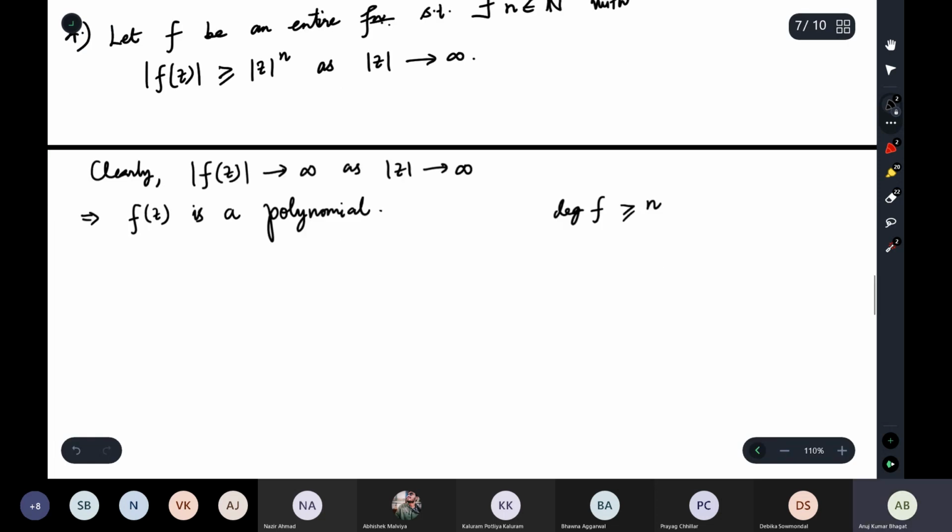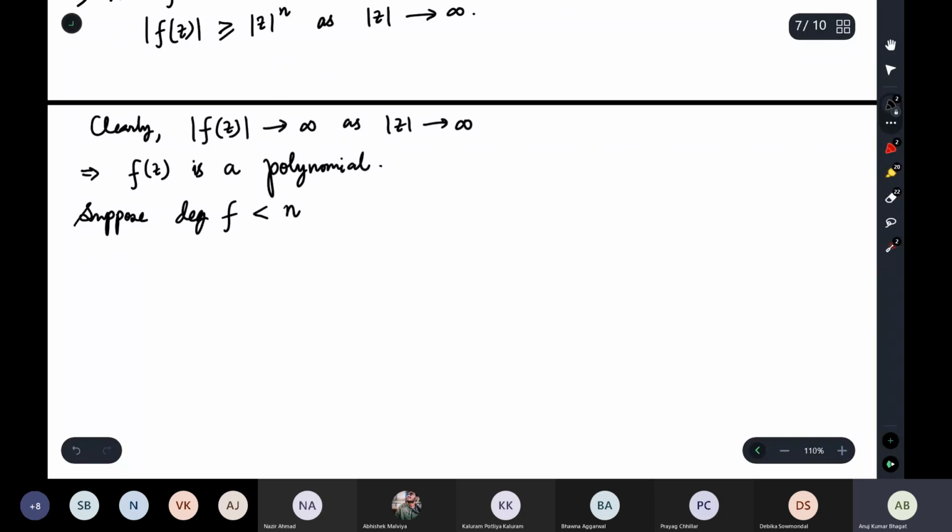Okay, so I'll start with the contrary. Suppose this is not true, suppose this does not hold, then suppose degree of f is not greater or equal to n, that means degree of f is less than n. And I'll show that this will lead to a contradiction.